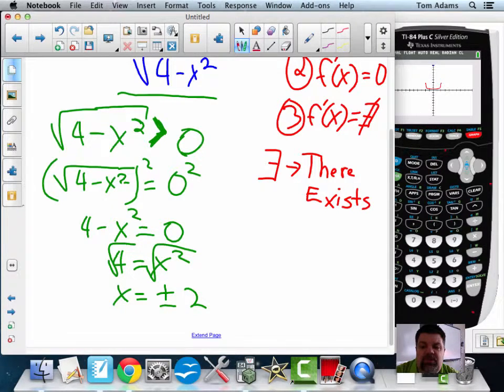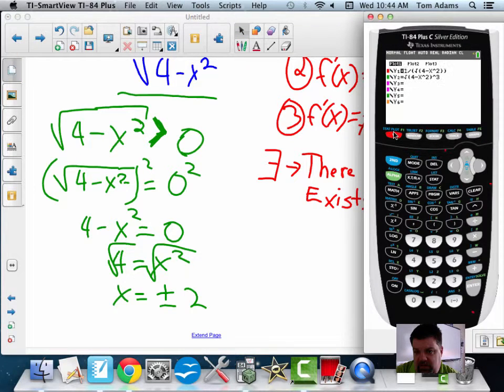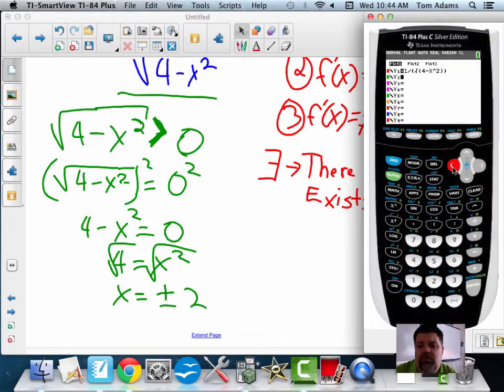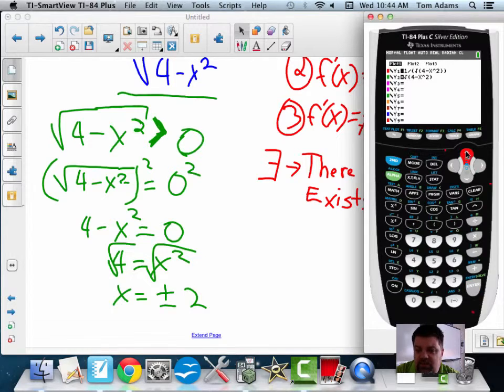But when it comes to the inequality of this, we have to determine, is it for x less than 2 or greater than -2. And then to do that, I really just need to plug that into the graphing calculator. So I'm just going to graph the function, the square root of the quantity 4 minus x squared, and just take a quick look at the graph. There's a lot of things we could do. We could do some tests by values greater than or less than -2, and the same for +2.